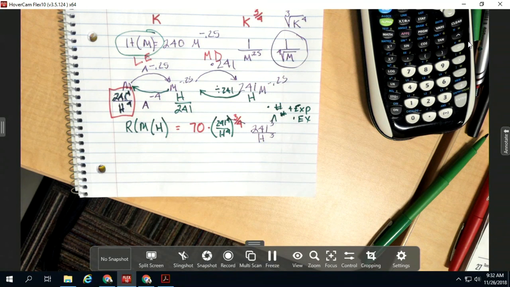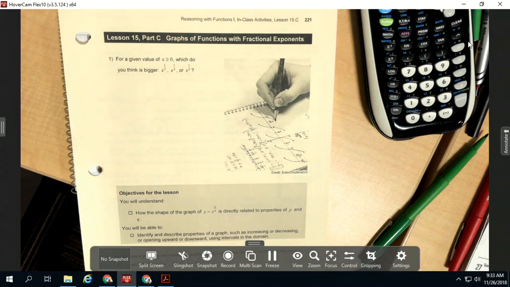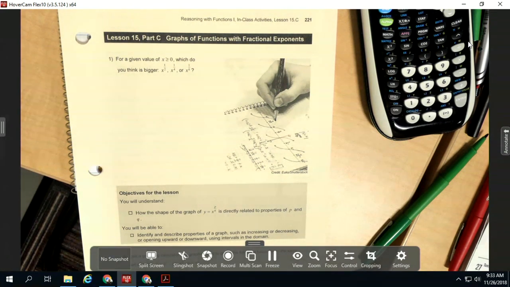Page 221. A while ago, we asked this question: is the square root of a number always bigger than the fourth root of a number? Do you remember we had that question a few weeks ago?